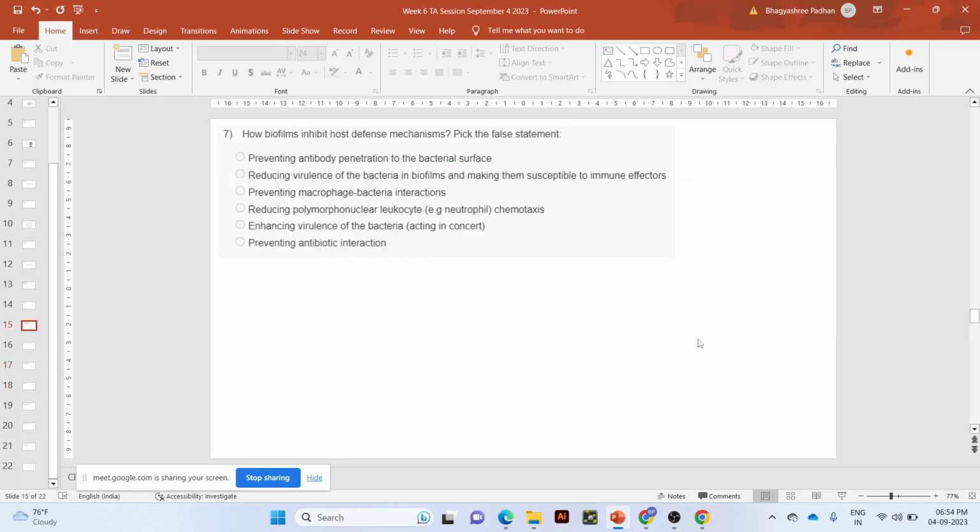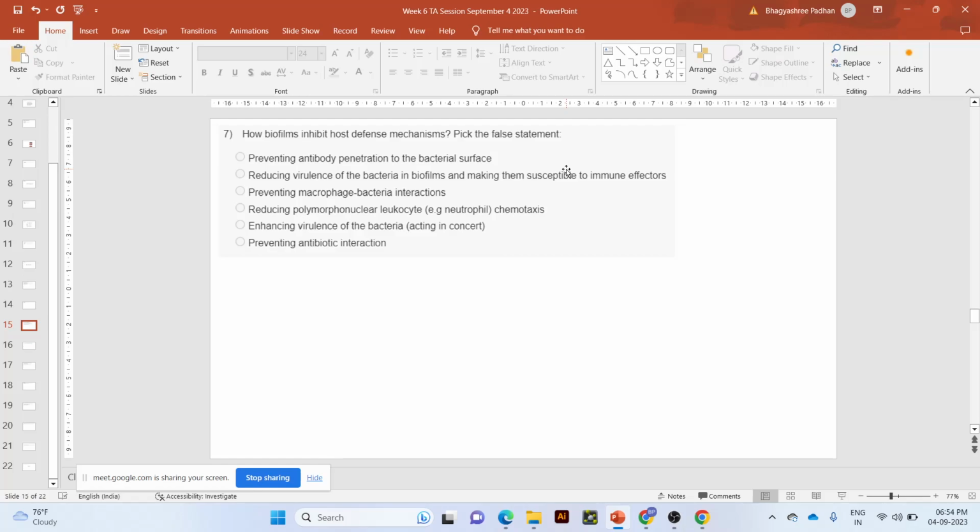So the seventh question was how biofilms inhibit host defense mechanisms, and you have to select a false statement. So here, the second option, reducing virulence of the bacteria in biofilms and making them susceptible to immune effectors, is a false statement. The biofilms that cover the implants increase the virulence of the bacteria rather than decreasing it, and they prevent the immune cells from entering the inside of the biofilms where the bacteria are.